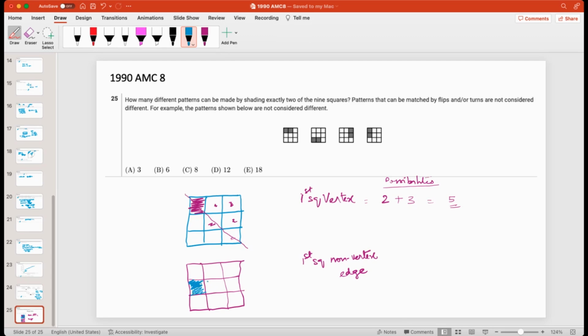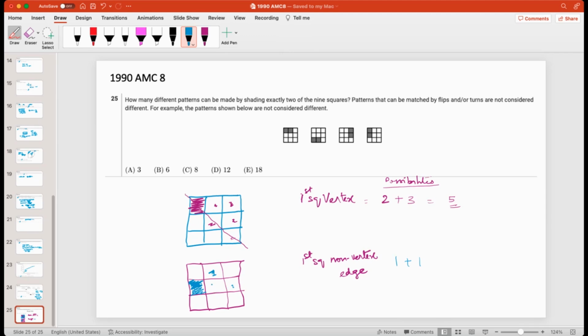I don't want any of it to be a vertex because vertex is already covered. The second will be either here, which is an edge, right? So this is one possibility. Then there is another possibility, which is another edge, which is this. So this and this. I'll put one more here.